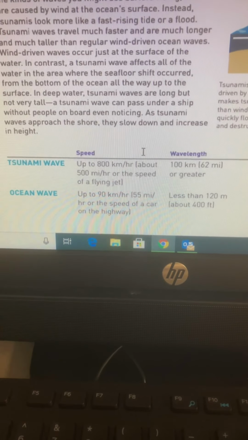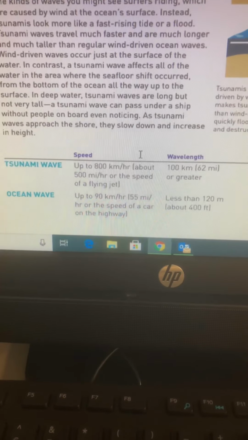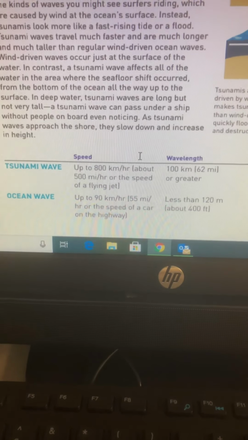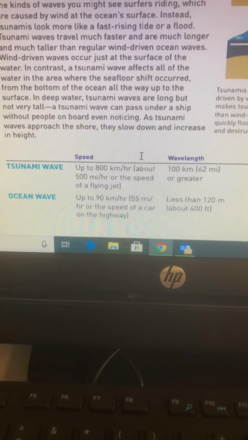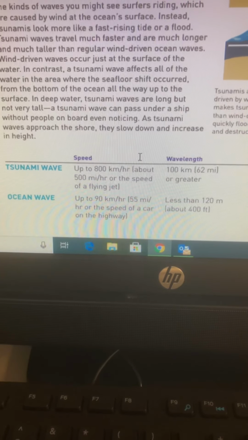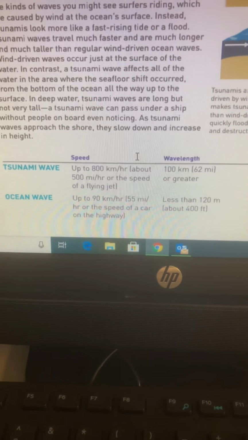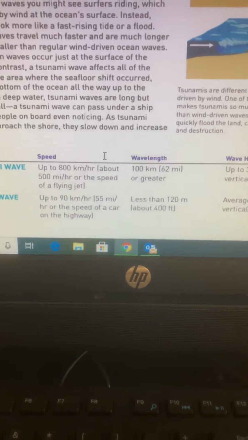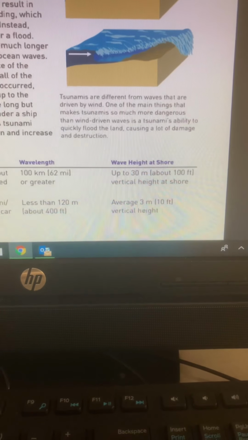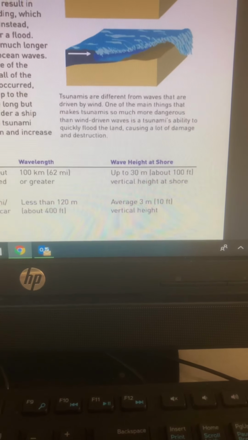You can see that tsunami waves are much faster than ocean waves, and that the wavelength is much greater, and the wave height is much greater, 30 meters compared to 3 meters.